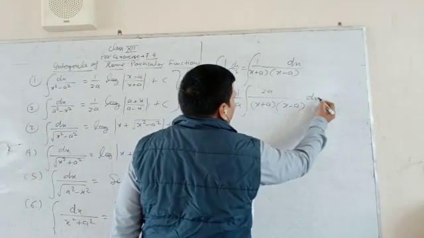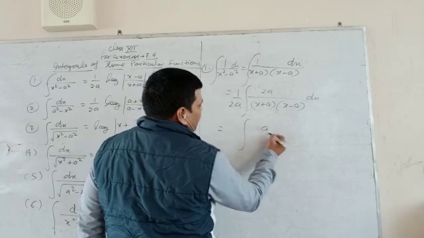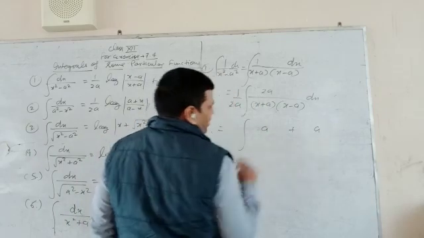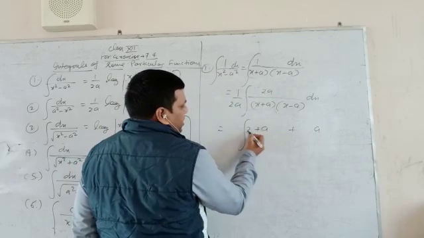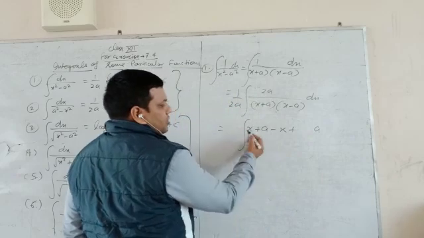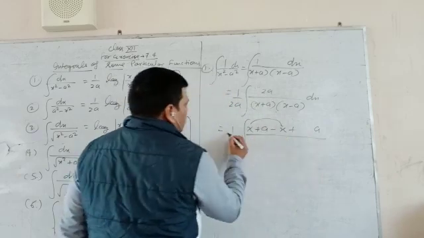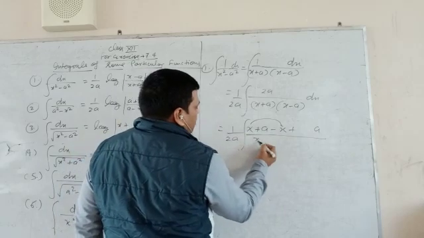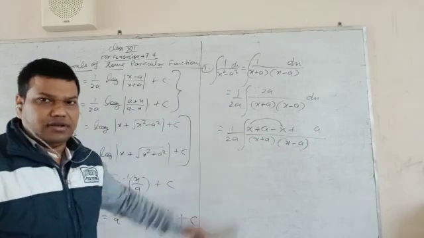Again, I have to write 2a as a plus a. You have to add x and you have to subtract x. The same thing is added and subtracted, so there is no change in the whole value.